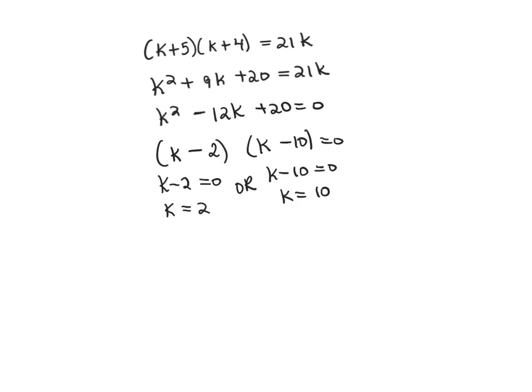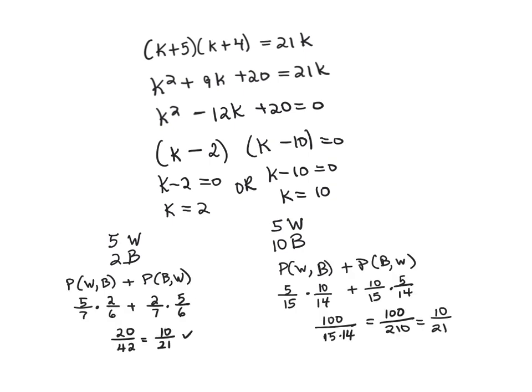And it looks like when we set each factor to 0, we have 2 possible answers. Can that be? Let's check it. So the 2 possibilities are 5 white and 2 black, or 5 white and 10 black. So let's see, does this probability work out? If we get a black white or a white black, let's try it.